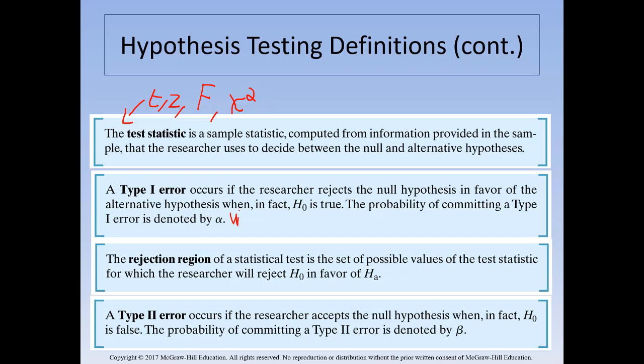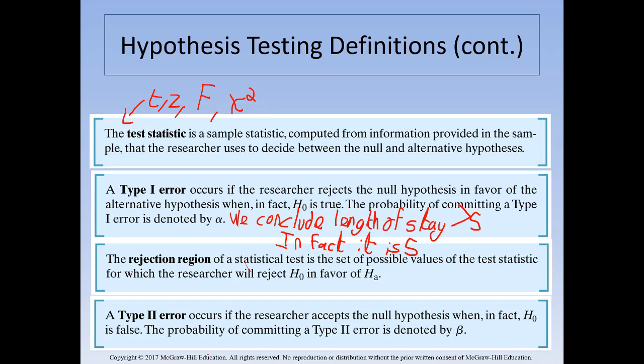We conclude that the length of stay is greater than 5, but in fact it is 5. So we've made an erroneous conclusion. I'll talk about the rejection region in a minute. I want to draw you some graphs for that.